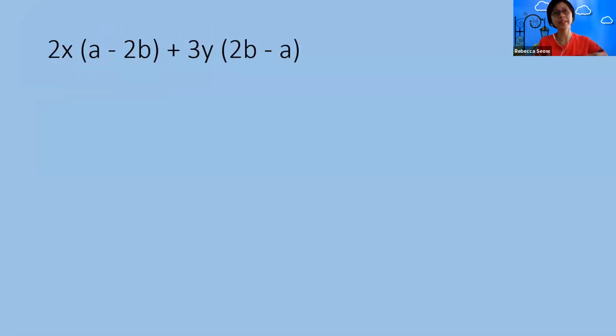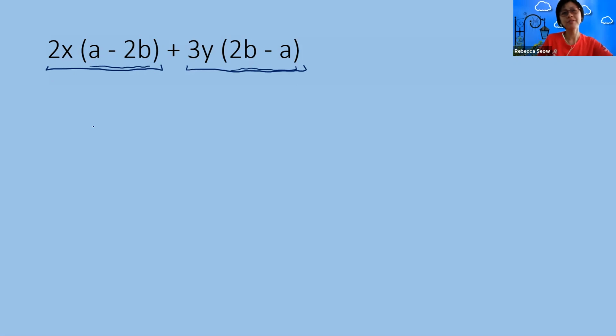Moving on, we have 2x(a - 2b) + 3y(2b - a). Now, you realize that, again, there are two sections that make up the expression, separated by an addition sign. And out of each section, you realize that the terms a - 2b and 2b - a look quite similar.